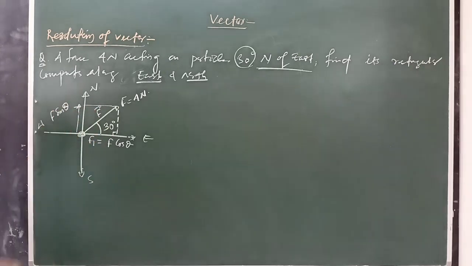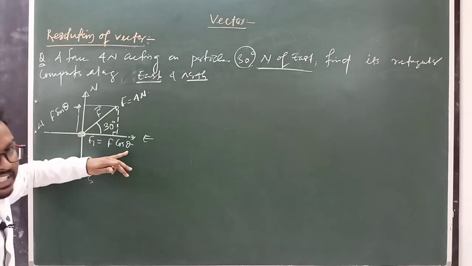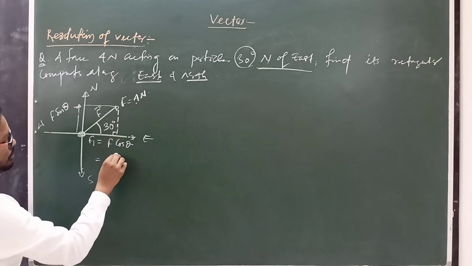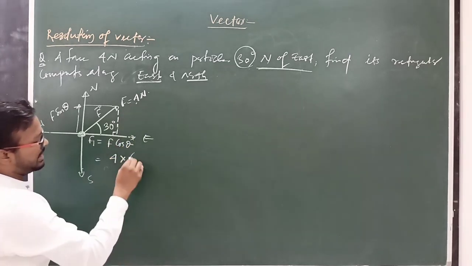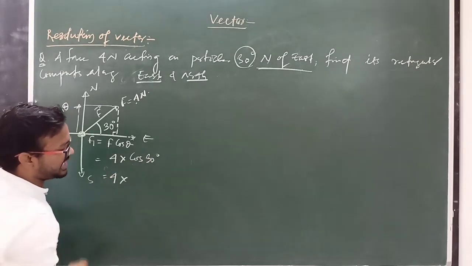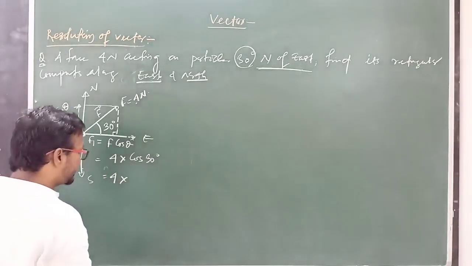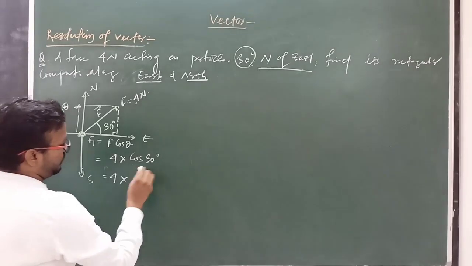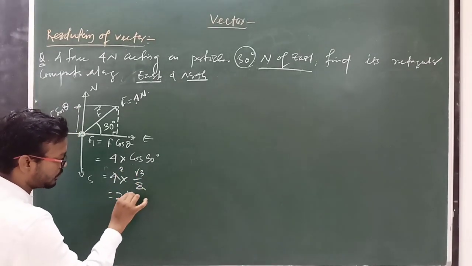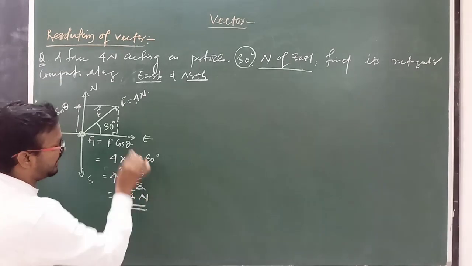The angle adjacent to the component gets cos theta, and the opposite one gets sin theta. Then F1 is 4 into cos 30 degree. The value of cos 30 is root 3 by 2, so it is 2 root 3 Newton along this direction.